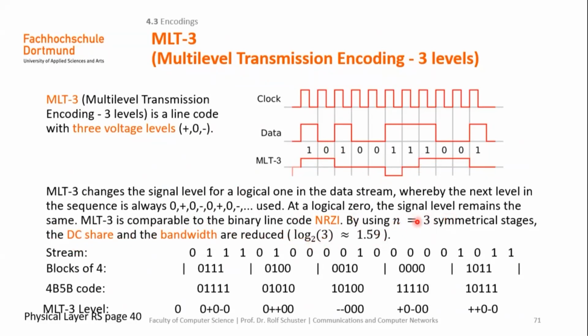Remember, 3 is the number of stages, or quantization levels, that is the number of different possible symbols: a positive voltage, 0, and a negative voltage. And the logarithm in base 2 of 3 is 1.59.